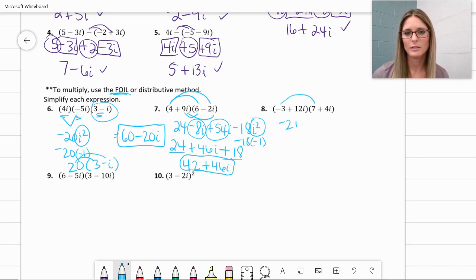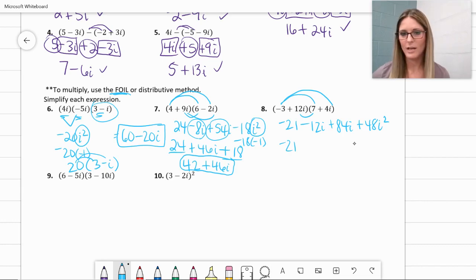Number 8, do it again. First makes negative 21. Outer makes negative 12i. Inner, 12 times 7 is going to be 84i. Last is going to give me negative 48i squared. Negative 21.